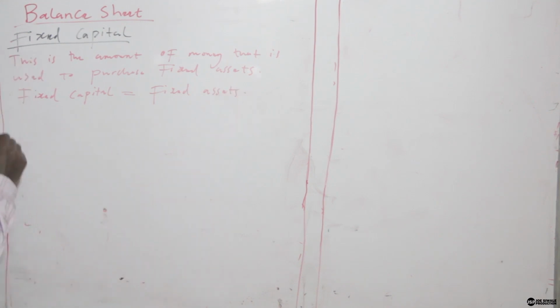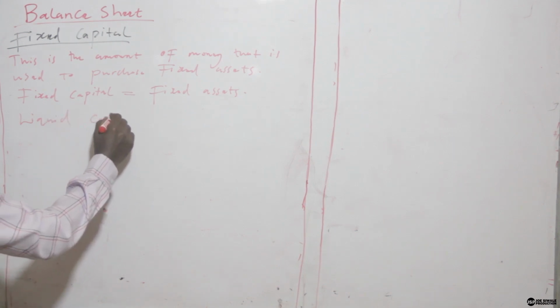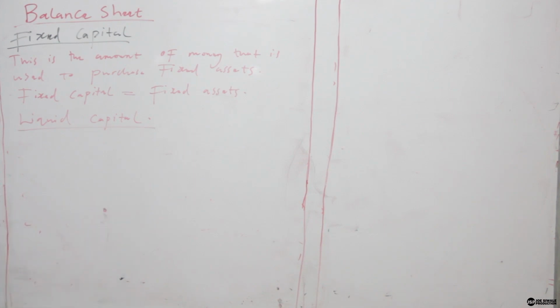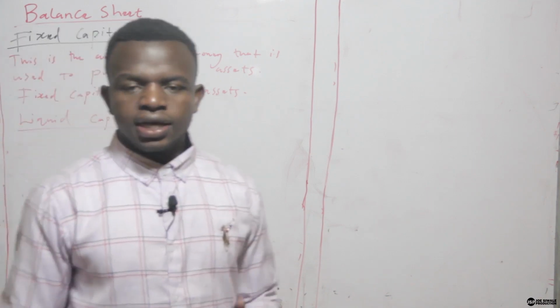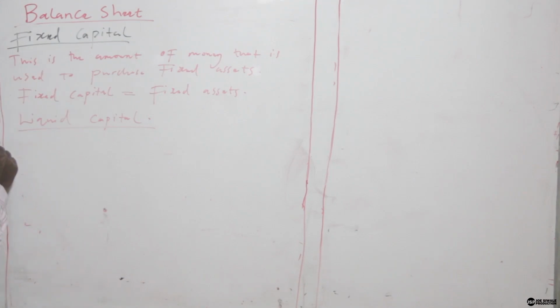Let us now look at liquid capital. So for the liquid capital, these are assets that can easily change form. So liquid capital, these are just assets that can easily change form. That's liquid capital.